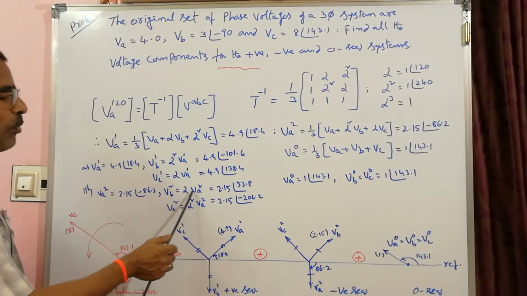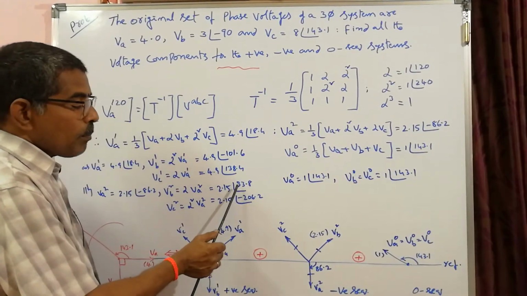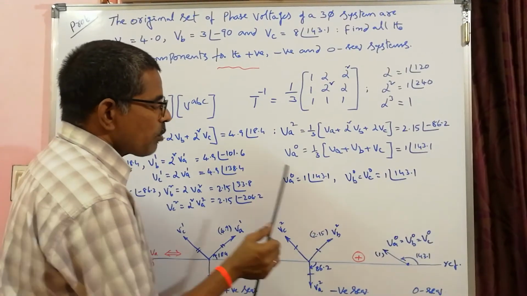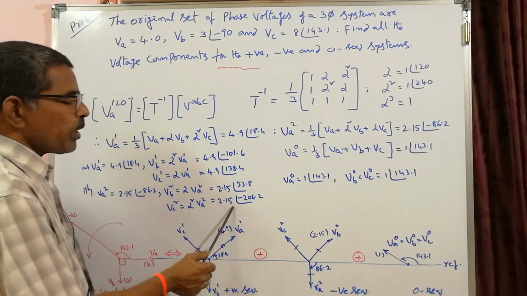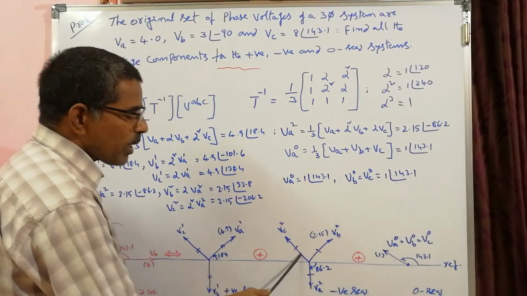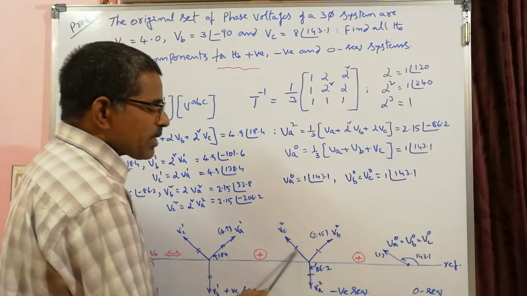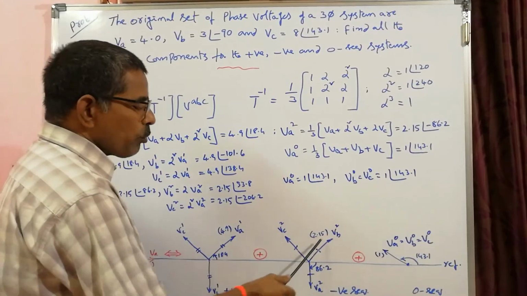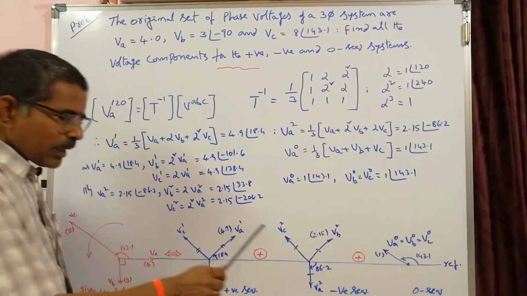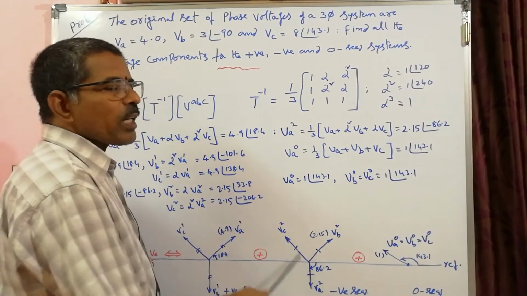Then VB2 is alpha times VA2, and that comes to be again 2.15 angle plus 33.8. So 33.8, this is VB2. VC2 is 2.15 again, angle minus 206.2. From this reference, this is minus 206.2. You can again see the interphase angle between VA2 to VB2, VB2 to VC2, VC2 to VA2 is 120 degrees, because these are balanced symmetrical phasors.